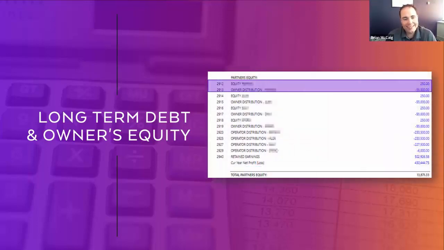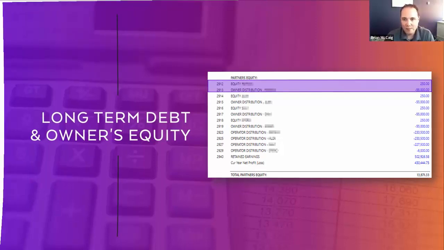In addition, in this section of the balance sheet is your owner and investor activity. This is where owner investments or draws are recorded. The best practice is to really separate this out by the owner or investor's name so that it lives there on the balance sheet and is easy to recognize at the end of the year.